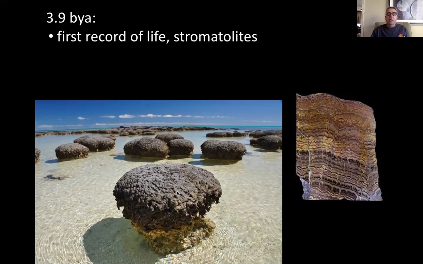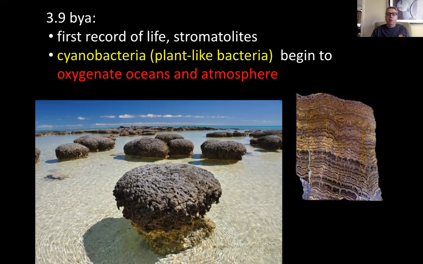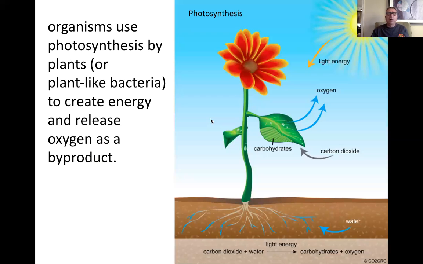So 3.9 billion years ago, our stromatolites, these are actually still in existence in, I think, Australia. So the cause is the photosynthetic bacteria, and the effect is oxygen in the oceans and the atmosphere.